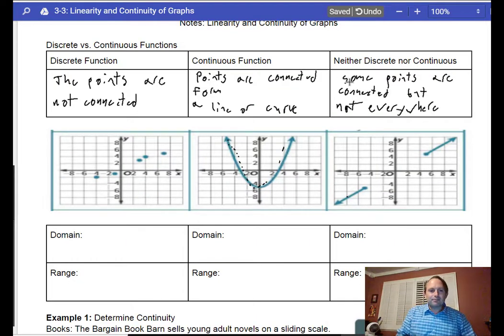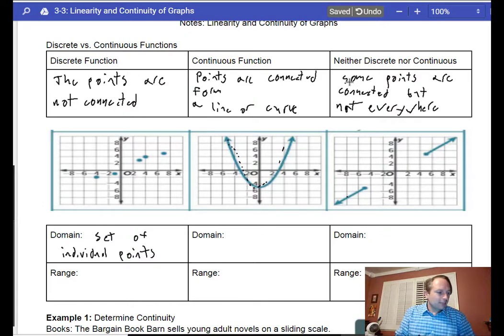So the domain is a set of individual points. So it's like, all right, we have -4, we have -1, we have 3, 4, and 7.